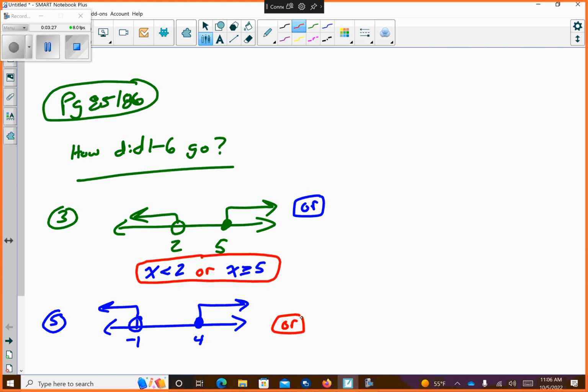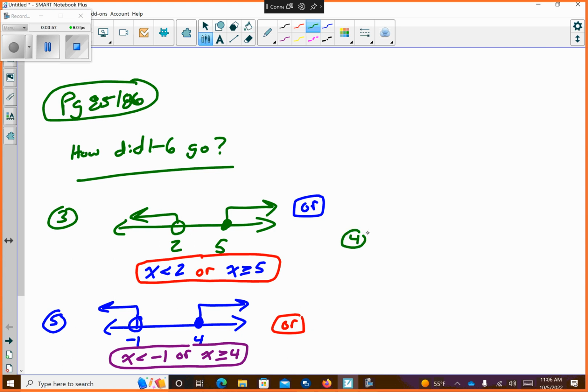Look at the red box. There's a 2-letter word. Or. All right, so I get x is less than -1. X is greater than or equal to 4. Don't forget the word or. Can we do 4?